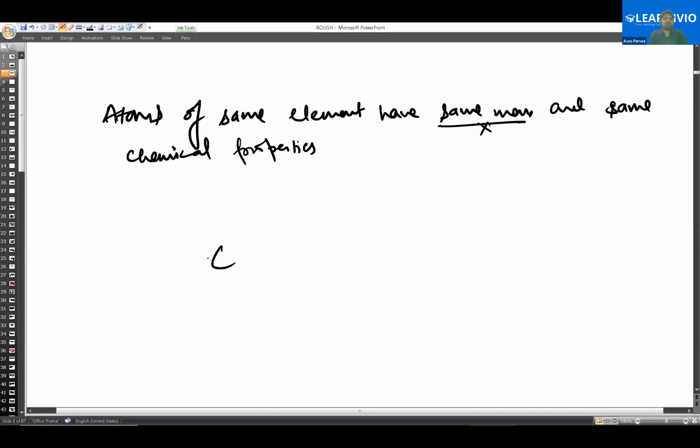For example, if you have carbon, there are two isotopes of carbon: one is going to have mass 12, another one is going to have mass 14. But they have same atomic number. So the chemical properties of carbon 12 and carbon 14, these are isotopes. We call them isotopes.